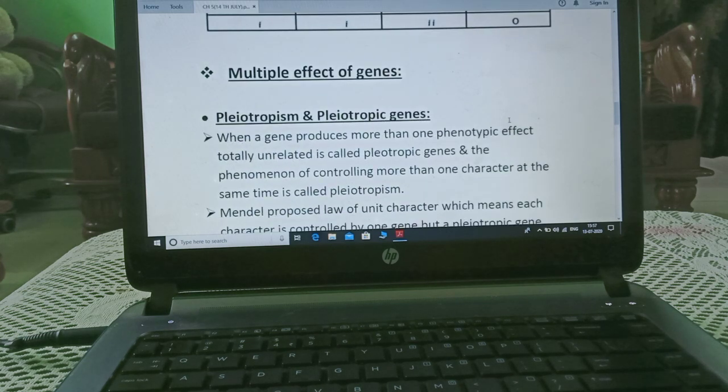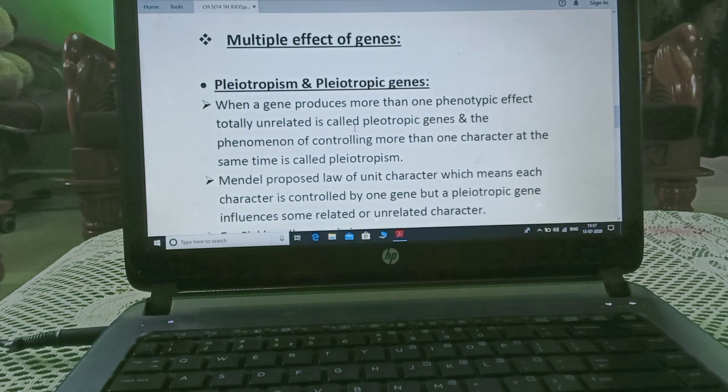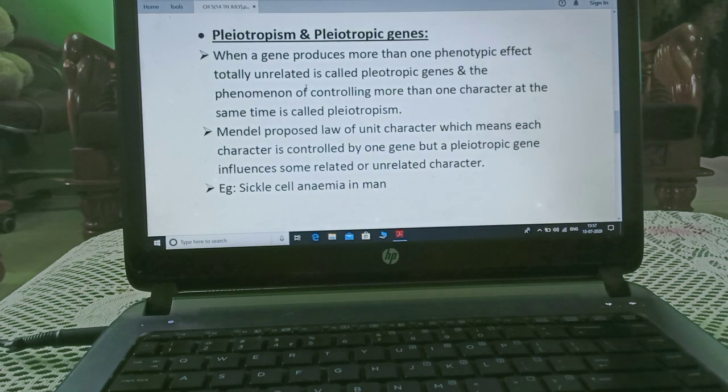Now we are starting our next topic, that is multiple effects of genes, that is pleiotropism and the pleiotropic gene. When a gene produces more than one phenotypic effect, totally unrelated, it is called a pleiotropic gene, and the phenomenon of controlling more than one character at the same time is known as pleiotropism.